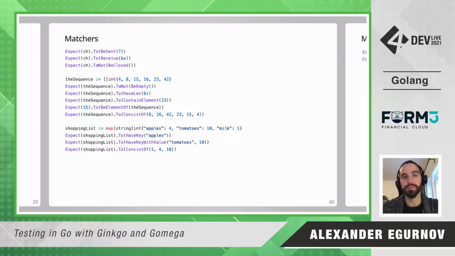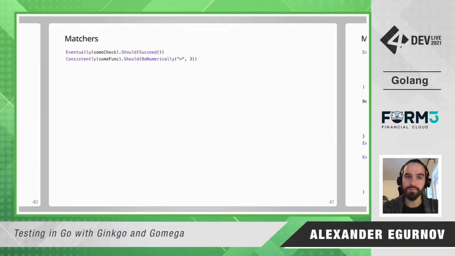It also works with channels pretty neatly, so you can check that some things are being sent, received, that the channel is closed in a very natural way without actually working with the channel yourself. So it still fits in one line. And yeah, there are also a number of functions working with maps, which make iterating maps a rare thing for you to do in your tests. So also quite comfortable.